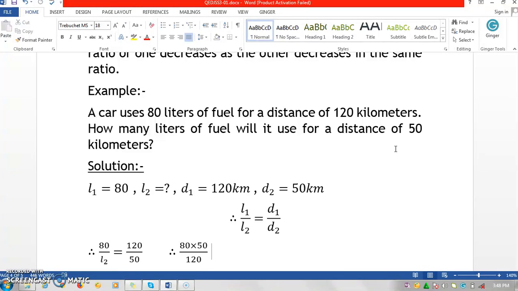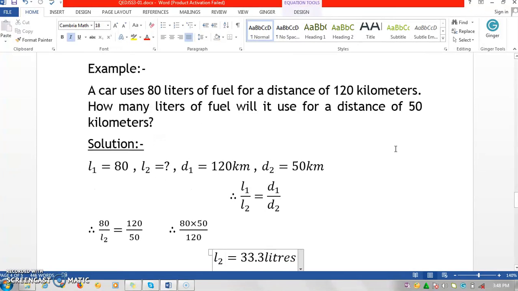Yes. As it moves, it uses liters. So if the distance increases, the liters of fuel it uses also what? Increases. So that is direct variation. So we say our L1, that is the liter 1, is 80 liters, and the liter 2 is what we are looking for.